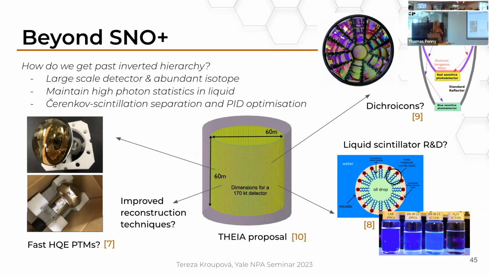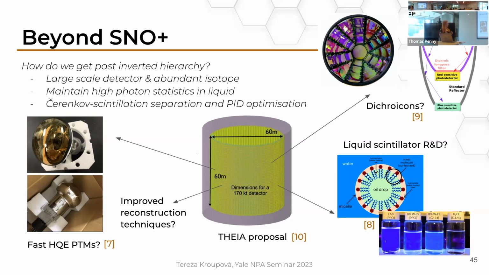Another way you can distinguish between Cherenkov and scintillator light could be those devices called dichroicons, which basically have long-pass and short-pass filters that direct the light of different wavelengths into different photosensors, and therefore you can do spectral sorting and have predominantly light from Cherenkov and scintillation in different detectors.